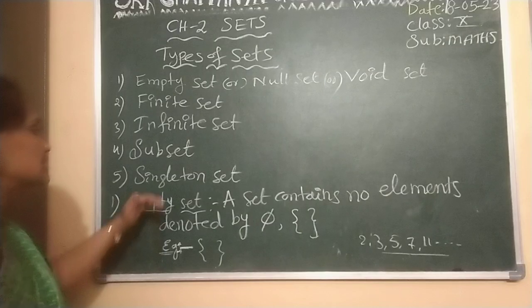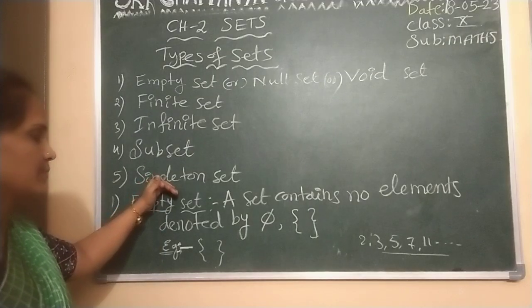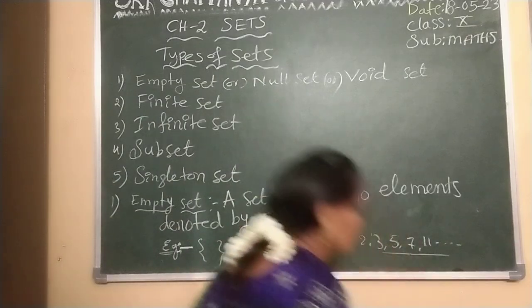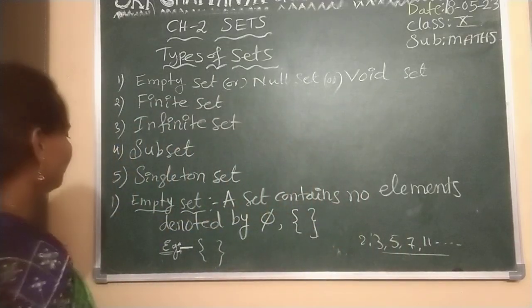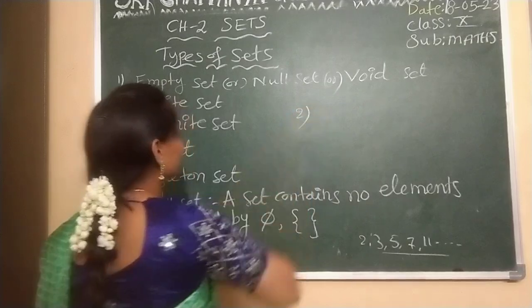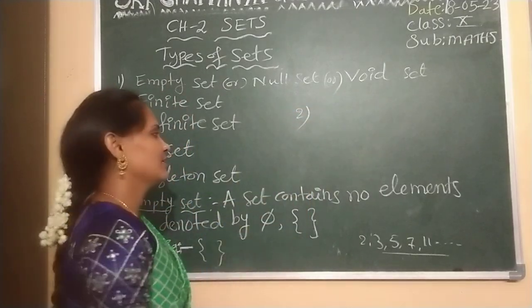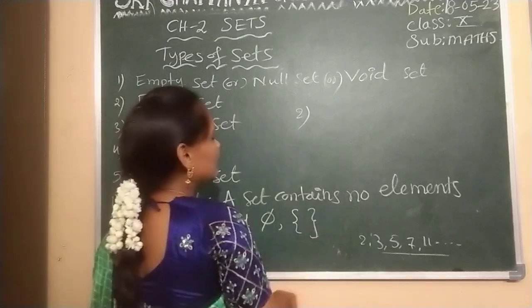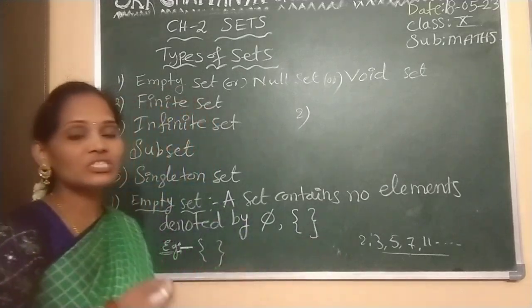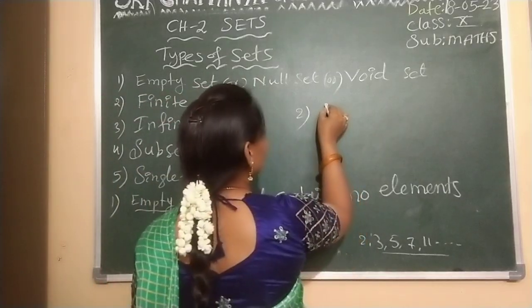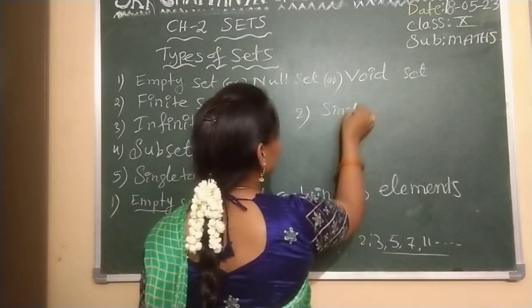Next is singleton set. I am going to explain after this. Let me erase. Once take the screenshot. Here I will explain singleton set. Now singleton set: a set which contains only one element. In the name only there. Singleton set.